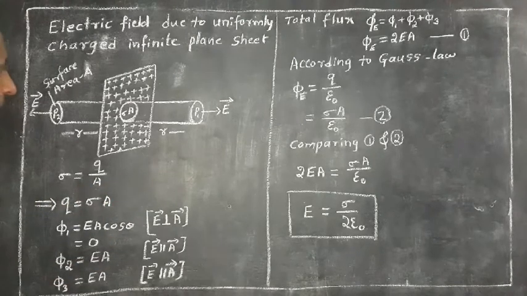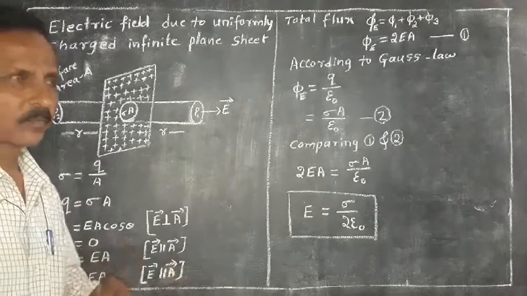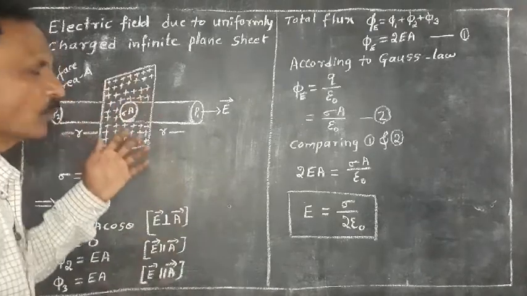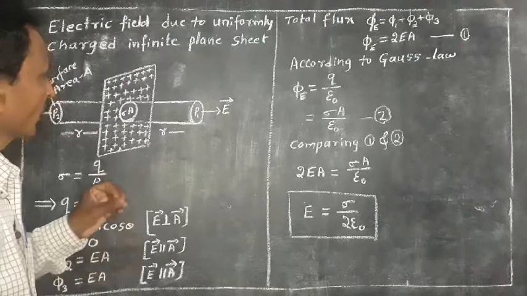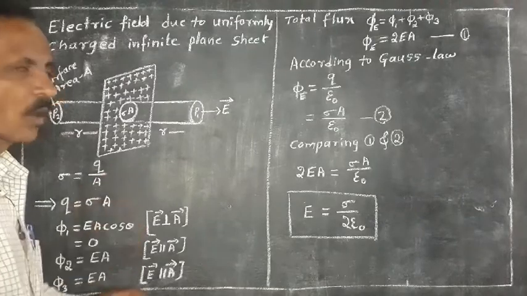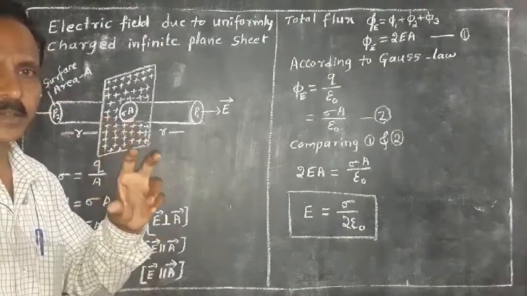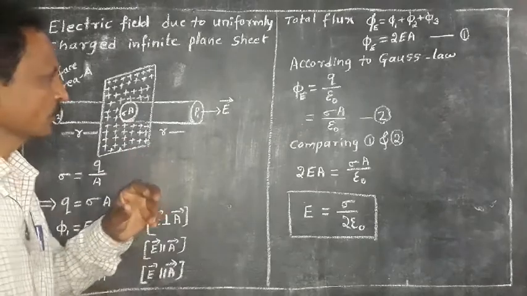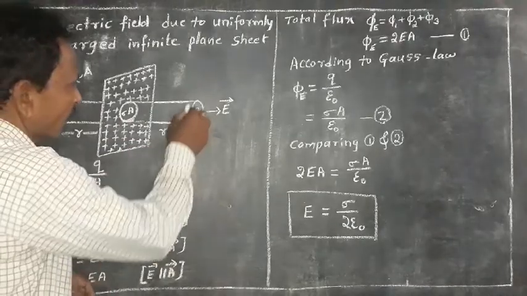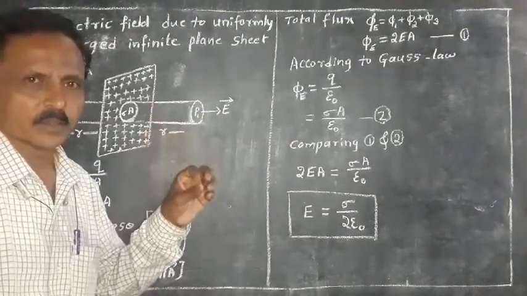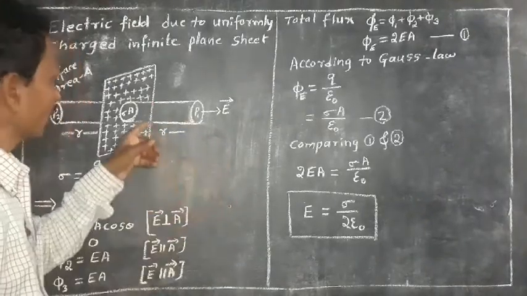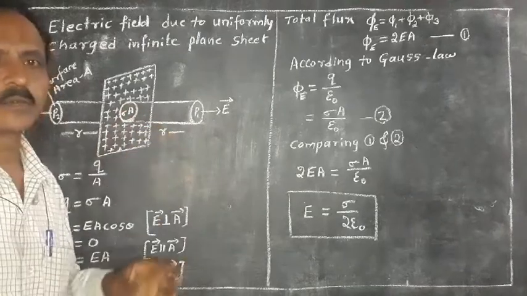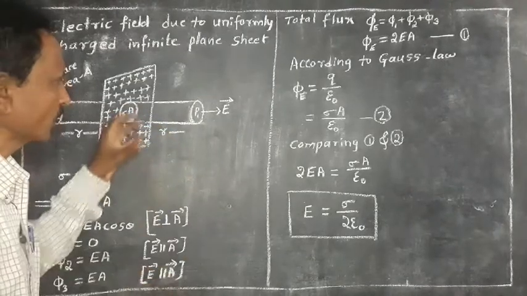And to find electric intensity due to a uniformly charged plane sheet, we imagine a Gaussian surface. A Gaussian surface is a closed surface enclosing a charge.